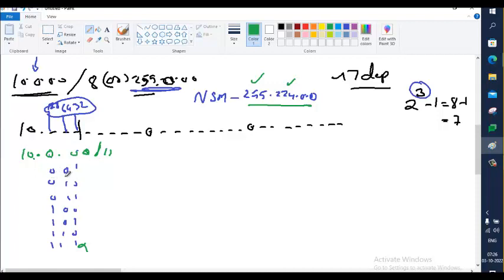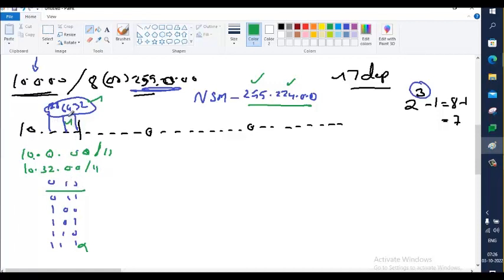0 0 1 means this place is 1. What is the value of this place? 32. Yep, 32 is the value. So 10.32.0.0/11. Now this one. This second bit is on.